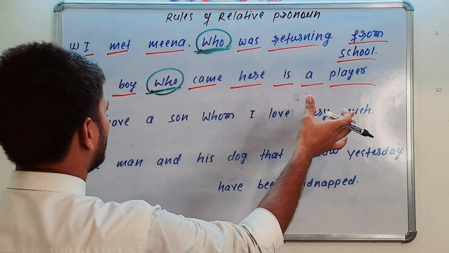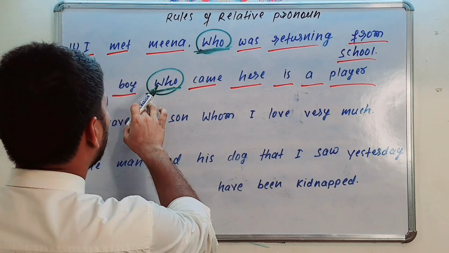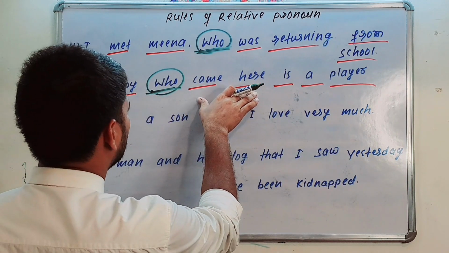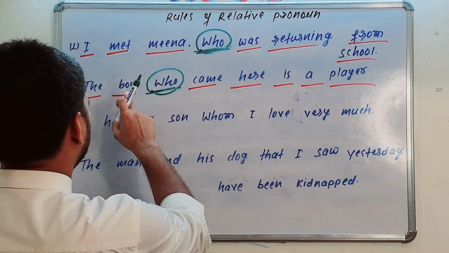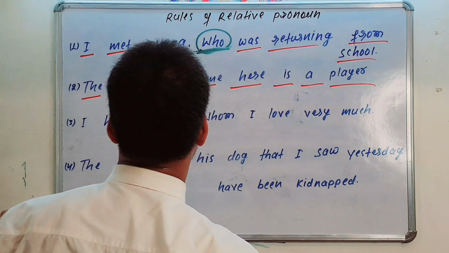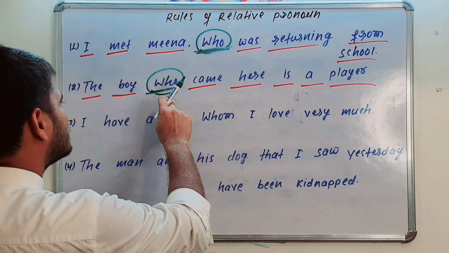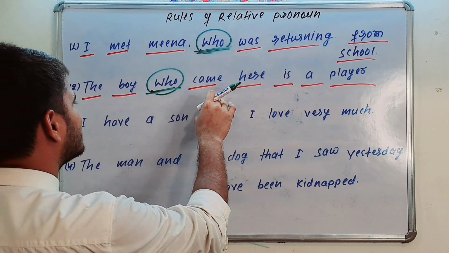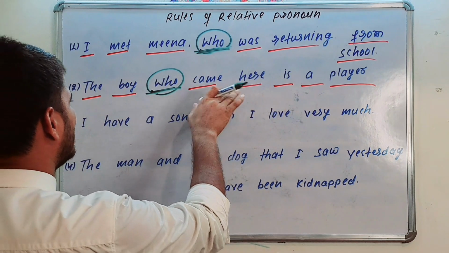The boy is a player. The boy who came here is a player. The boy is a player is the coordinate clause. Who came here is the subordinate clause. So that's why here who is used as a subject in a subordinate clause, that is a dependent clause.